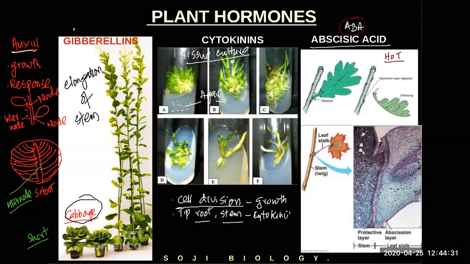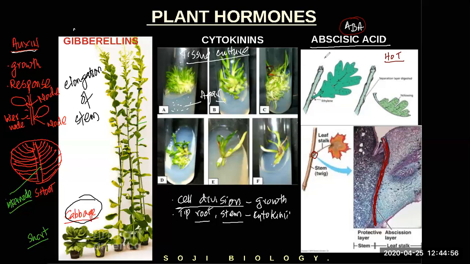And what does abscisic acid do? It helps the stem to produce a layer of dead cells. That's the leaf. We are looking at this part. Can you see the layer of dead cells here? It forms a layer of dead cells, which cuts off water and food supply to the leaf. The plant doesn't want the leaf anymore because it's too hot. It wants to shed the leaf to save water.